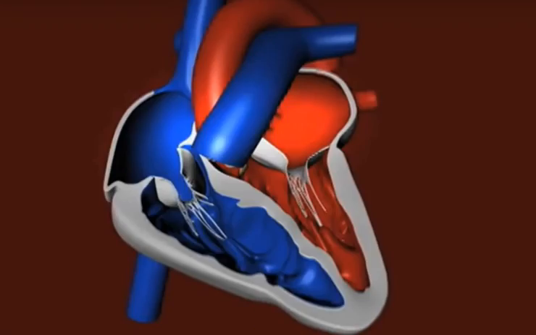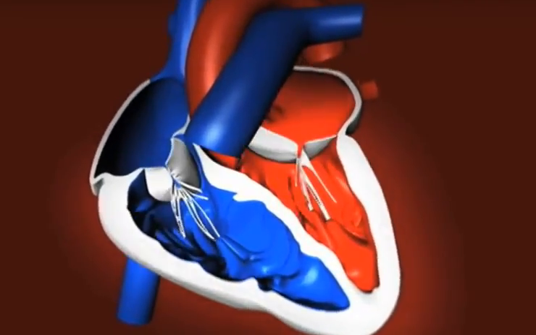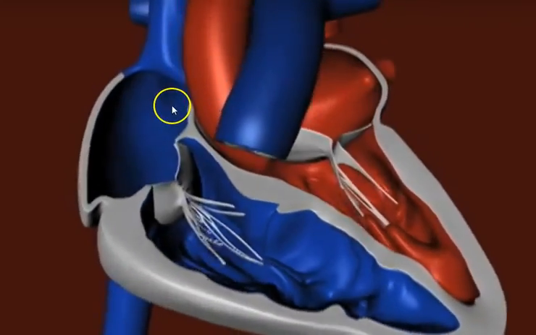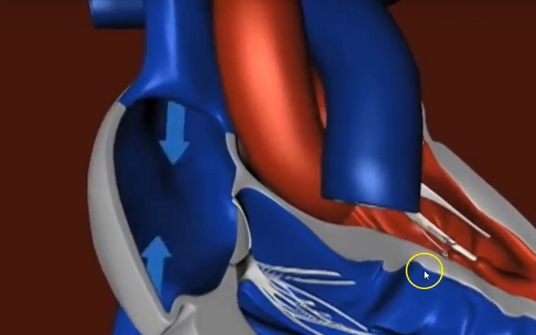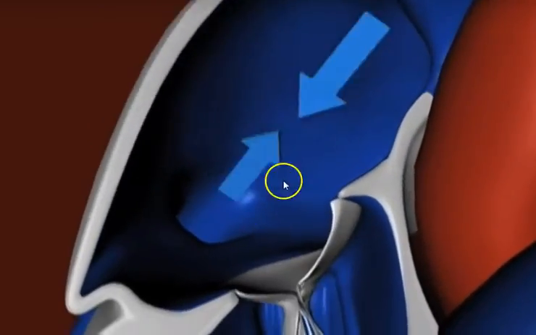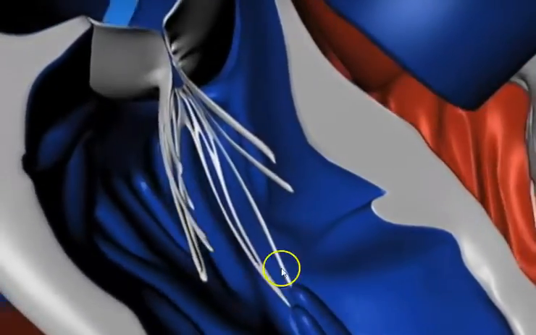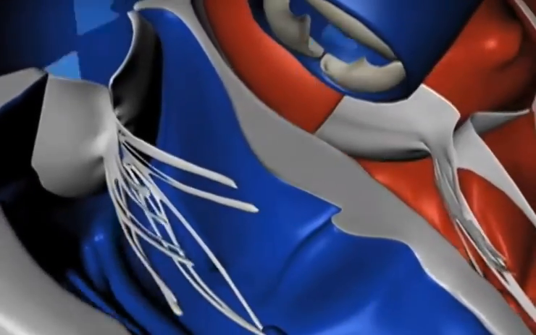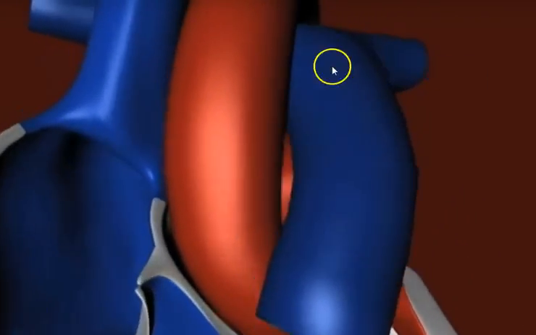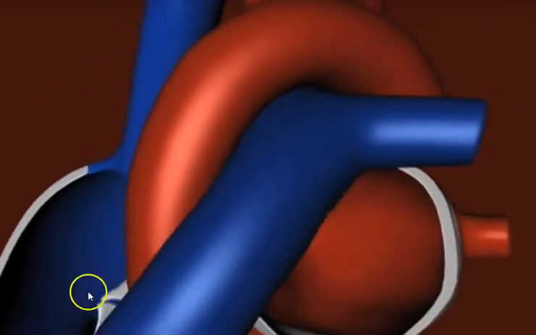Now, with this animation of the heart, you're going to be able to see the chambers as they're contracting and relaxing. So notice your two atria at the top wind up contracting at the same time, and the ventricles contract at the same time. Blood's coming in to the right atrium, and then it pushes down through the AV valve down into the right ventricle. Right ventricle contracts, it goes through another valve out through the pulmonary artery off towards the lungs.